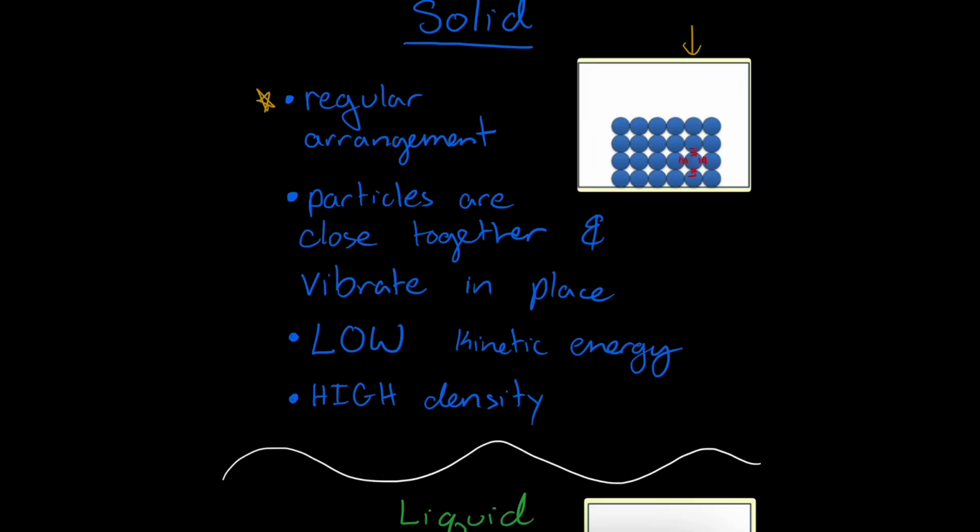And that represents a low amount of kinetic energy, because kinetic energy is all about the energy of movement. So solids do not have a lot of that because, again, they're stuck in place pretty much all of the time. But as such, as they are stuck in one regular arrangement, they do have a very high density.